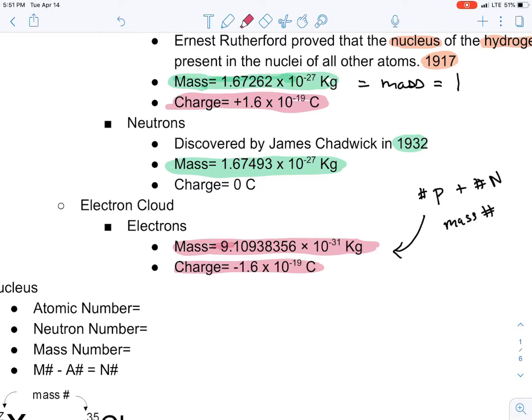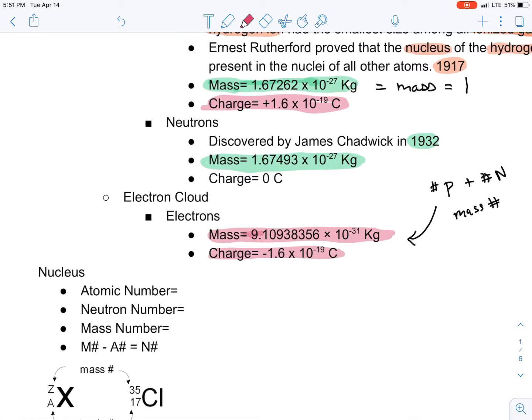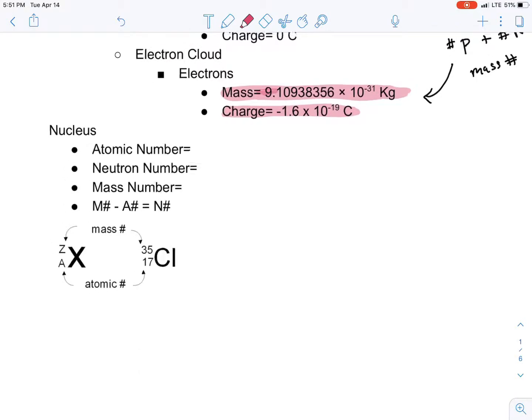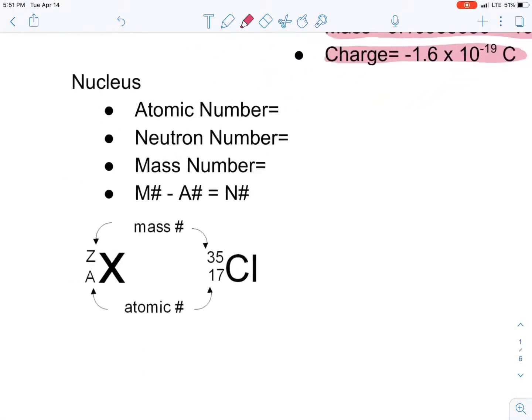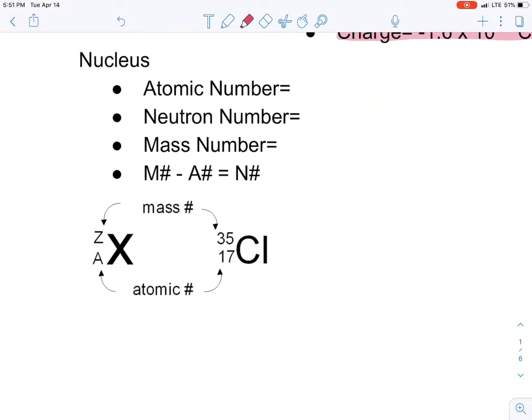Okay, let's go on. All right, now here's some things we use in chemistry. If you were in chemistry last year, or you are now, you know these terms already. The atomic number is just the number of protons. The neutron number, you probably haven't heard that term because we usually don't even worry about those neutrons in chemistry.